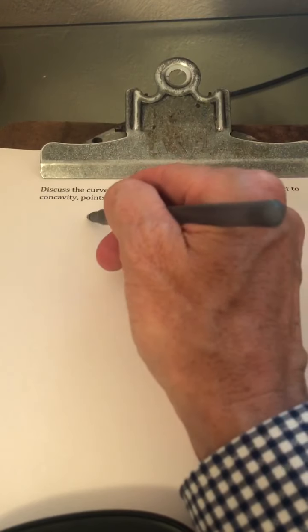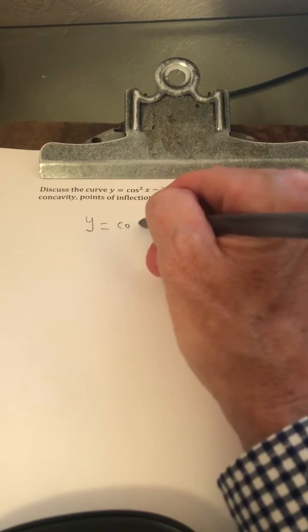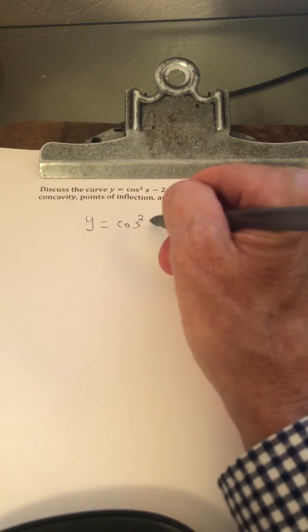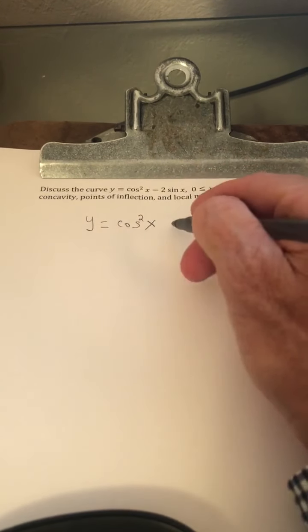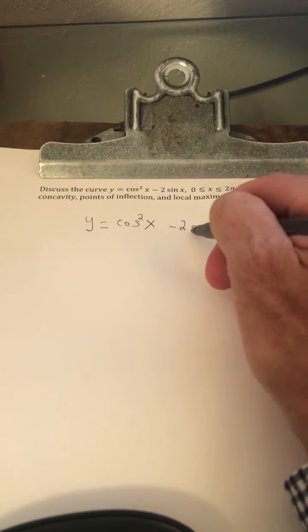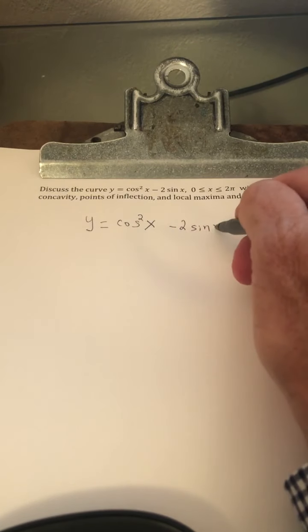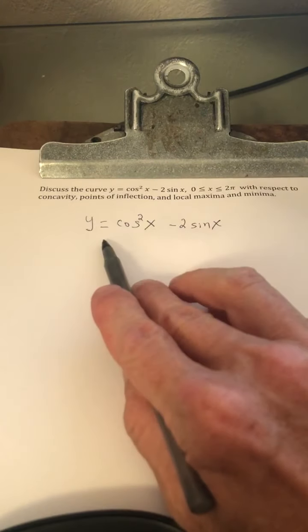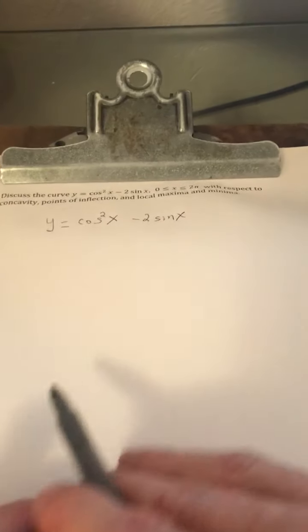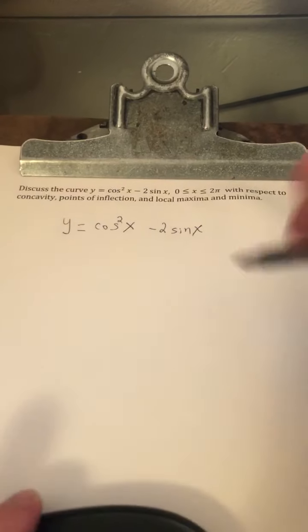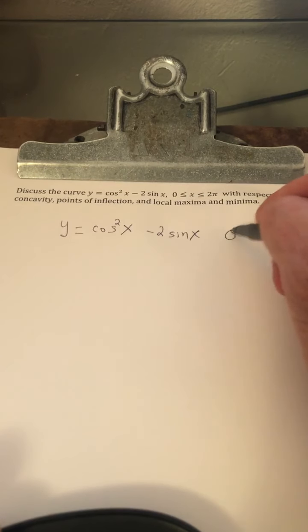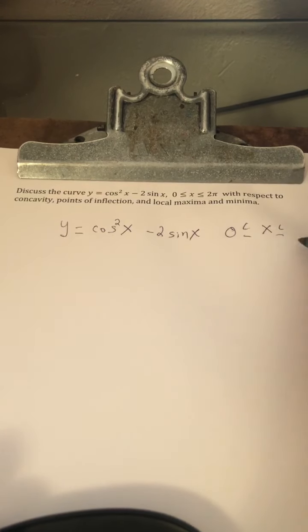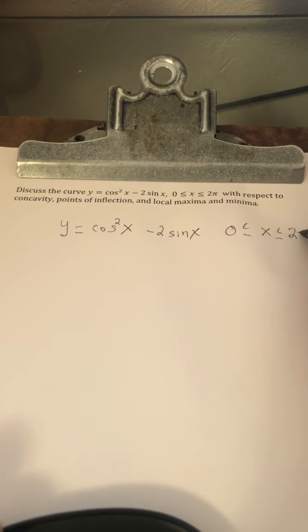So again, we have y equals cosine squared of x minus 2 sine of x. The domain of this function is actually all real numbers, but we are restricting the domain just for this problem. We're going to restrict x to be from 0 to 2 pi.